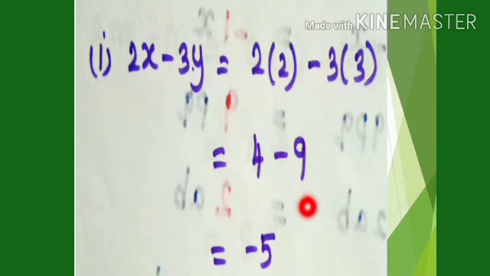And in the next step, by using the properties of addition of integers, that is, when we add two integers of different sign, the sum will be the difference between the two integers and have the sign of the integer with greater value. So we have to subtract 4 from 9, that is 5, and the sign of the greater number is minus. So minus 5 is the value so obtained, the required value of the expression.